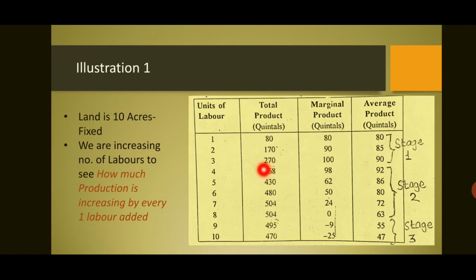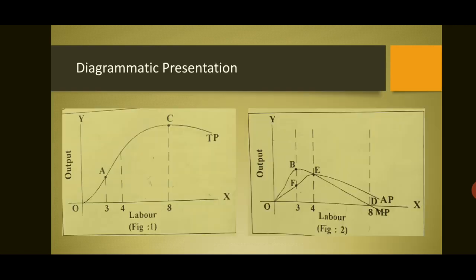So how many quintals changed? 170 and 270. How many quintals changed? 100 quintals are added by changing one more extra unit of labor. So 100 divided by 1 is equals to marginal product is 100.